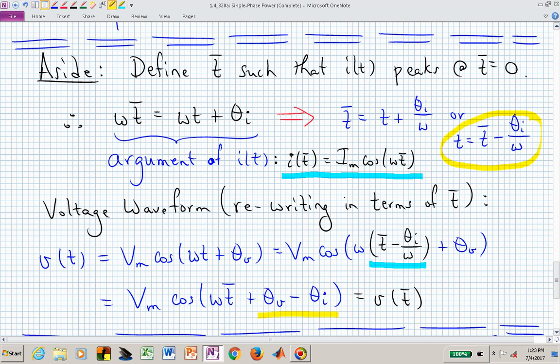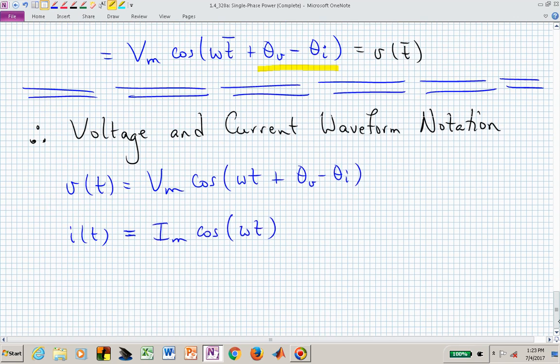So now when we're working with voltages and currents, we'll just say the voltage phasor is going to be theta sub v minus theta sub I in these subsequent developments, and the current doesn't have a phase shift.